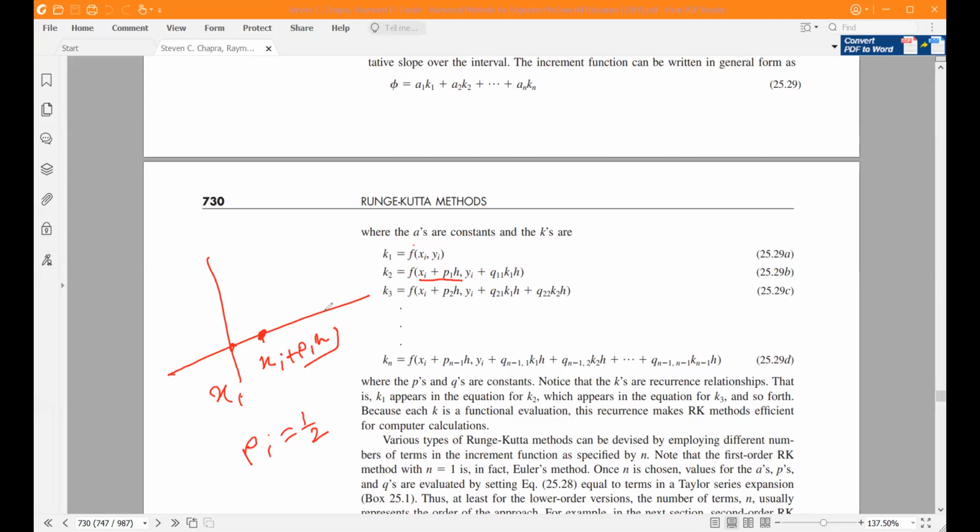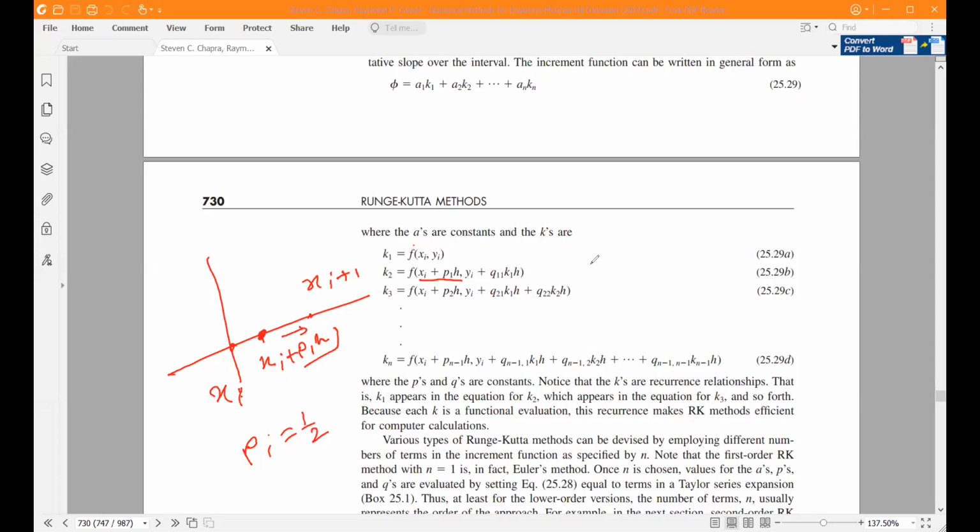Because our xi is there, we are putting this point as xi plus 1. So we are moving towards xi plus 1 by tuning the value of p1. Now, in calculating the value of the slope at xi plus p1, you need the y value. This y value is augmented in this way.